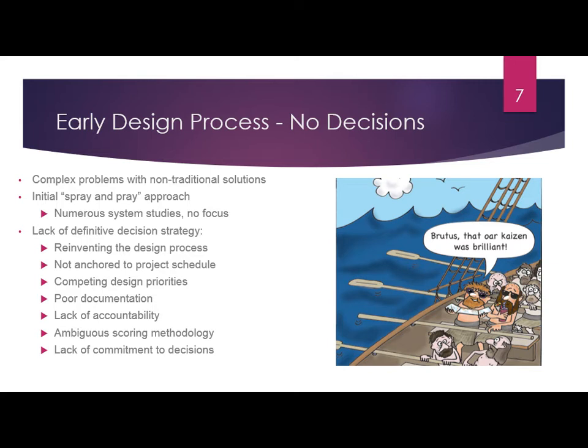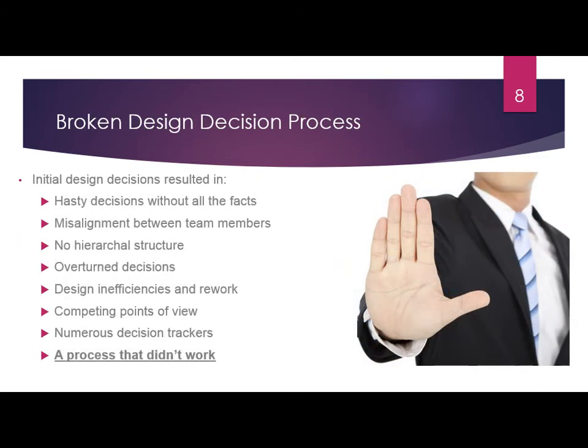They tried to use a methodology for decision making, but it used an ambiguous scoring method, and there was a lack of commitment to a decision. And this is very important. They were scared of making decisions because it was so complex. Nobody wanted to be responsible for making a decision. That's the truth. And at the end, a decision is a commitment, right? The decision process resulted in hasty decisions without all the facts.